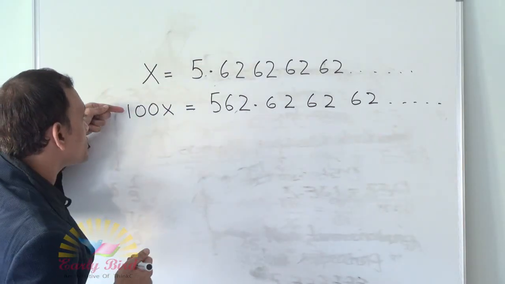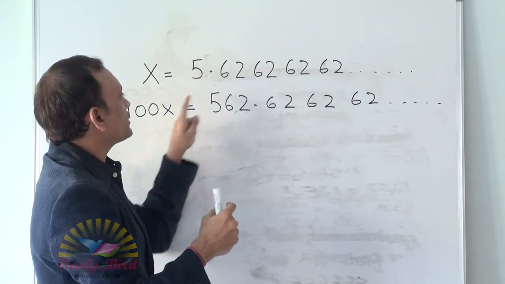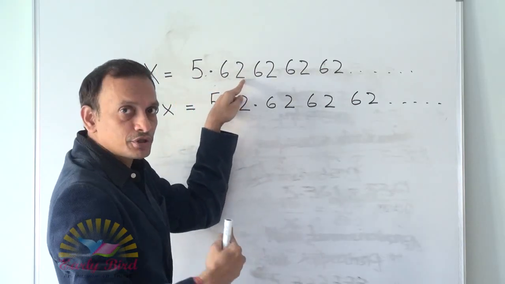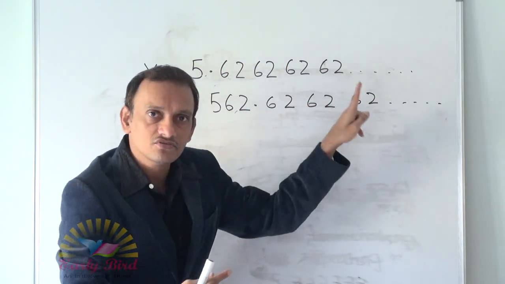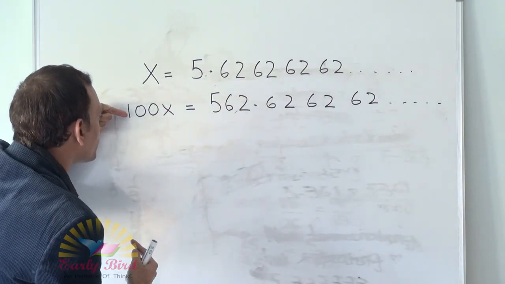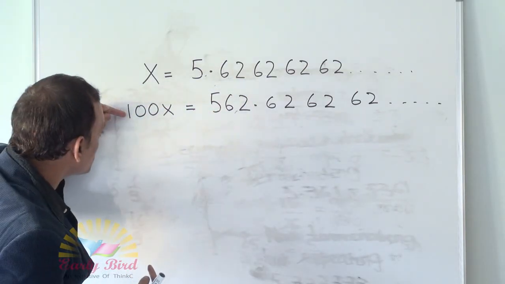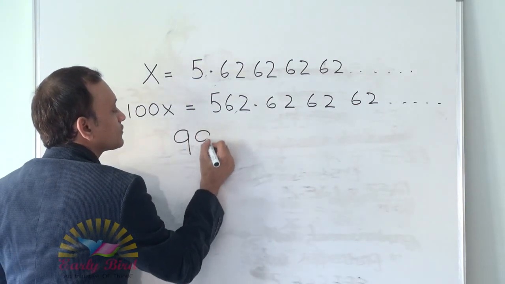Now, let me subtract this minus this. I hope all of you understand this. x is this. 100x means the decimal will shift 2 places to the right, leading to 562.62626262. Let me say 100x minus x. That means this minus this. That's going to give me 99x.